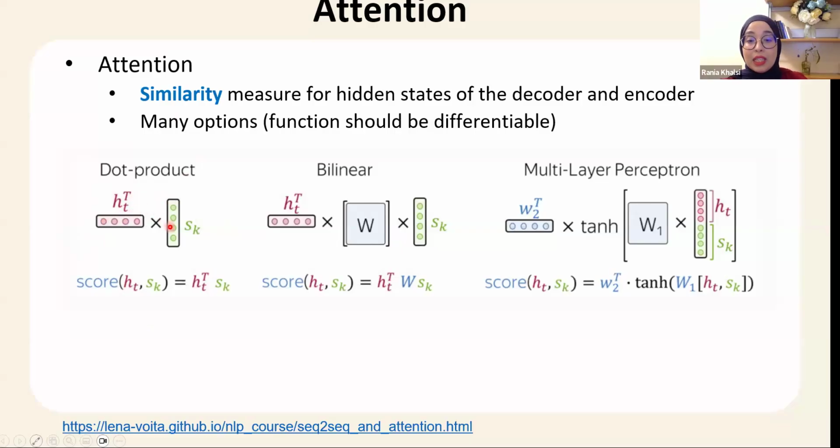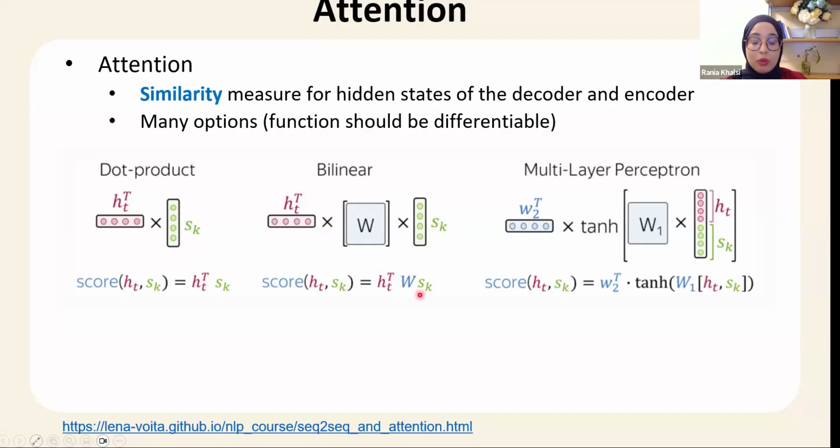Then we sum these results: first times first, plus second times second, plus third times third, and so on. This is the dot product.